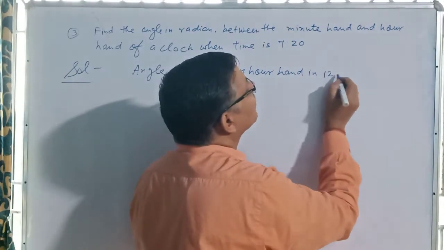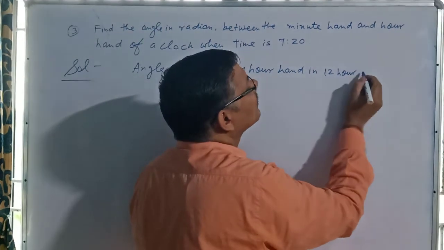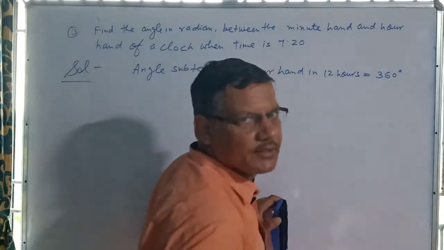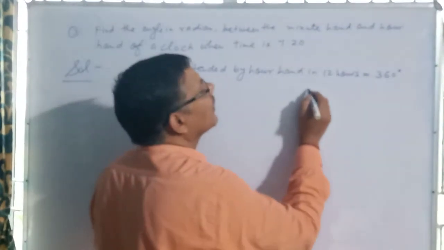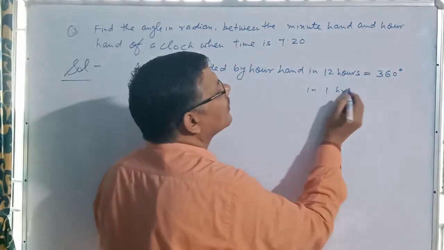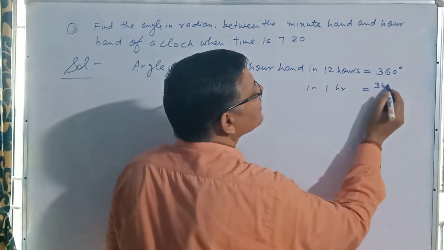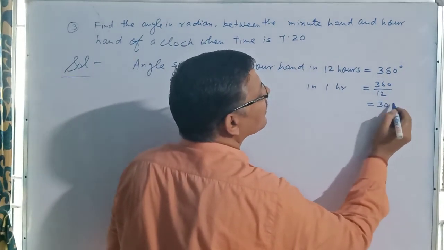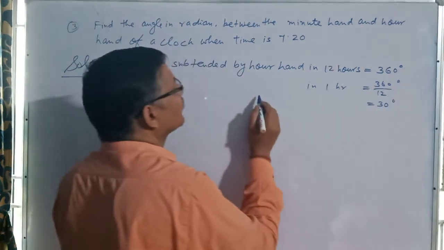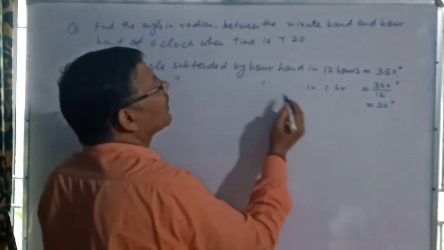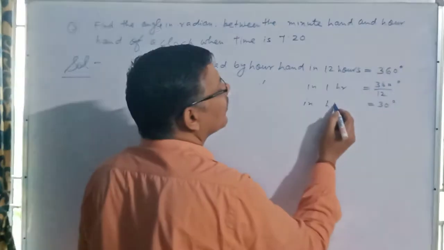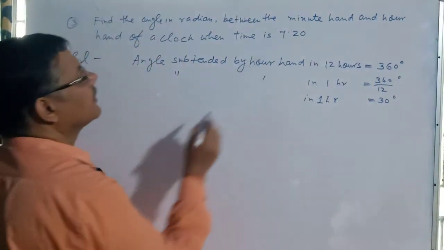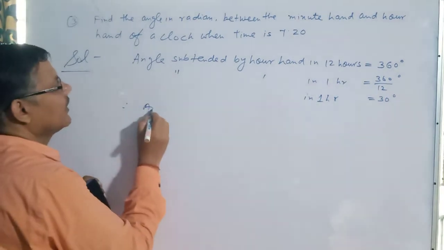So in 12 hours it covers the complete angle, 360 degree. So in 1 hour it is 360 by 12, which is 30 degree. So this is the angle subtended by the hour hand in 1 hour. Now what about the time here? It is 7:20.